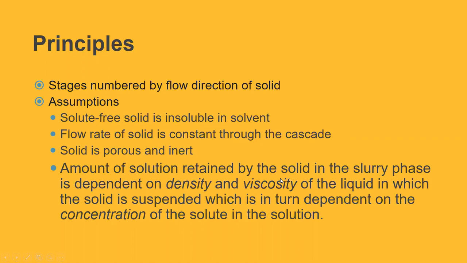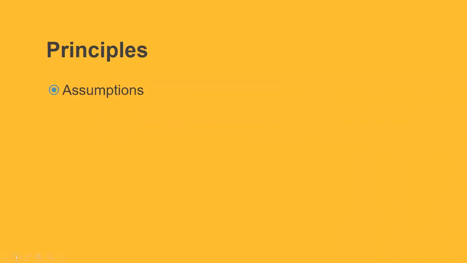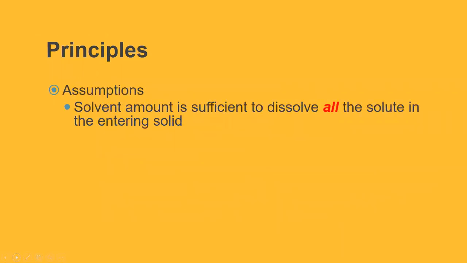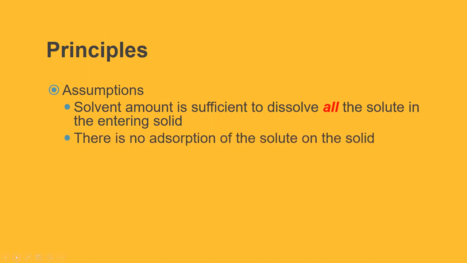Given these two changing, the concentration of the solution also changes. In constant underflow, even though this changes, because this cannot be constant all throughout the process, the amount of solution retained by the solid is assumed to be constant. Now, solvent amount is sufficient to dissolve all. As mentioned, I think, in the first slide, all the solute should be dissolved by the amount of solvent used.